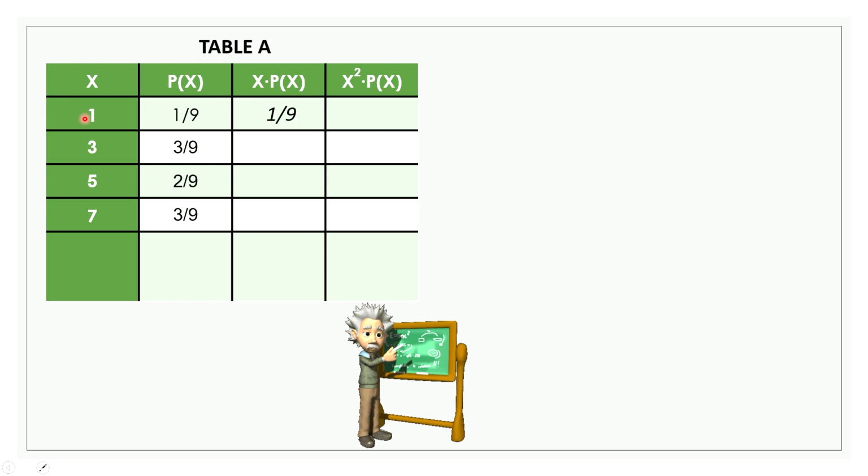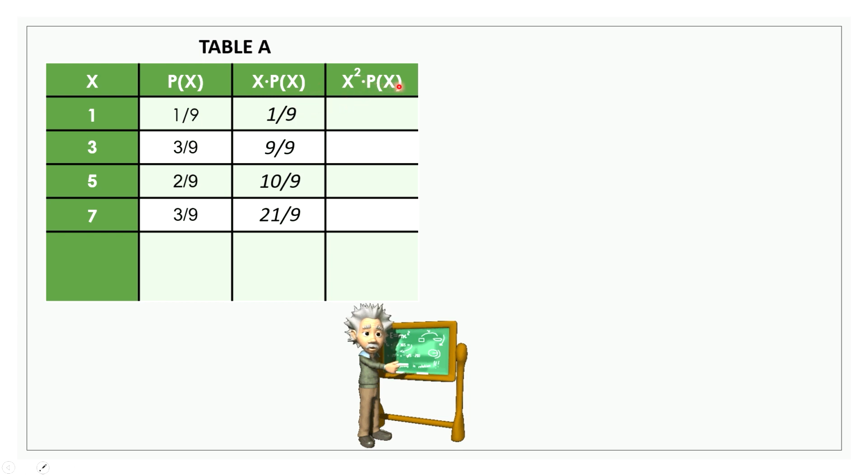So 1 multiplied by 1 over 9 is equal to 1 over 9. So 3 multiplied by 3 over 9 is equal to 9 over 9. And then 5 multiplied by 2 over 9 is equal to 10 over 9. And then 7 multiplied by 3 over 9 is equal to 21 over 9. So meron na tayong value ng ating x multiplied by p of x. Ngayon naman, we will get the x squared multiplied by p of x.